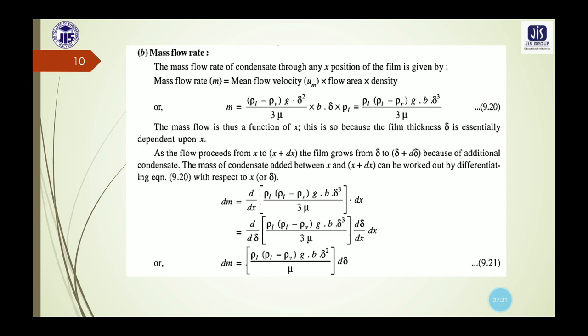If we do this differentiation, then after some steps we get the expression of dm, that is rho l into (rho l minus rho v) g b delta squared by mu into d delta. It is equation number 9.21, the expression of the mass flow rate.